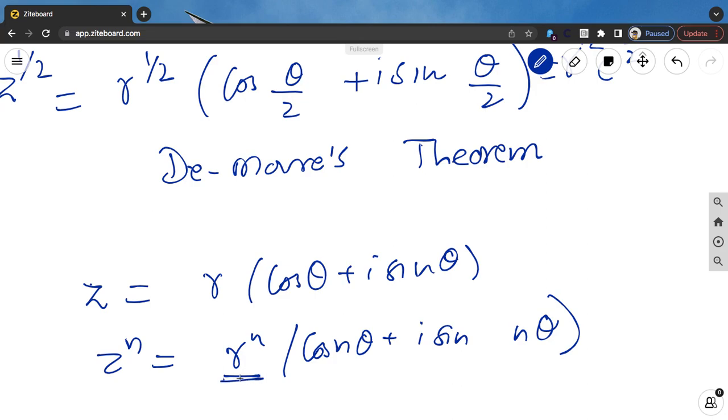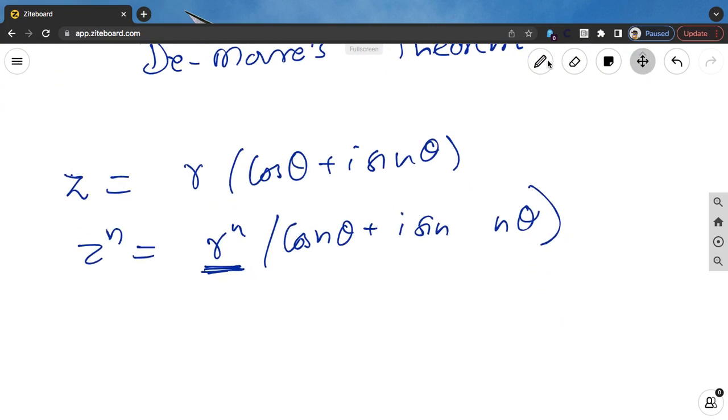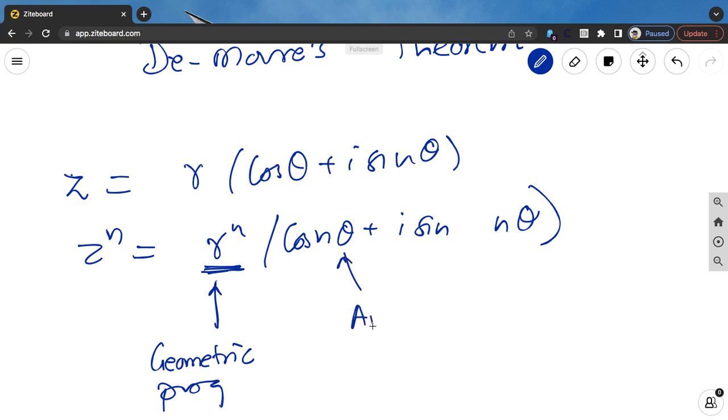So the modulus gets multiplied with itself n times and the angle gets added to itself n times. If you pay very close attention, this is like a geometric progression, where the modulus is multiplied with itself n times, and the angle is added to itself n times, so this is like an arithmetic progression. Okay, so that's De Moivre's theorem.